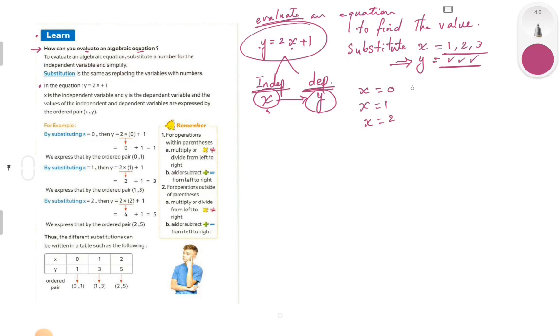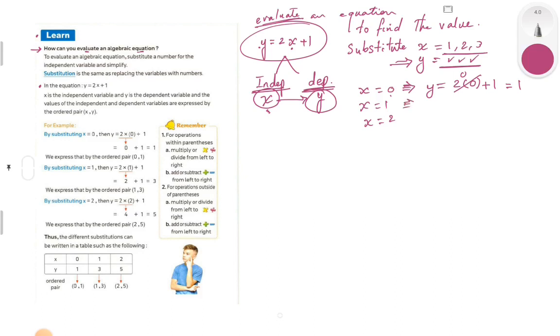Okay, if x equals 0, then y equal what? Just I will replace x with 0. Now y equal 2 by x, x here 0 plus 1 equal what? 2 by 0 equals 0. 0 plus 1 equal 1.